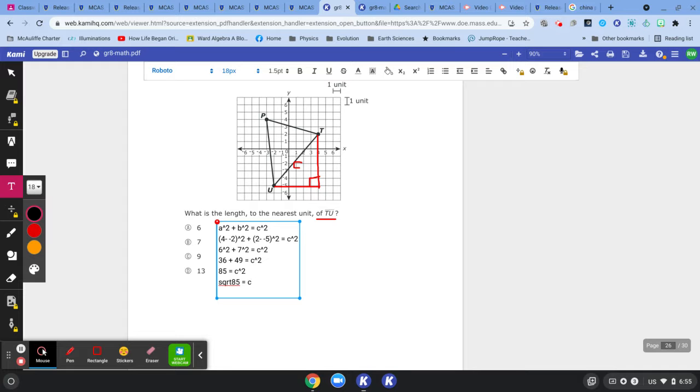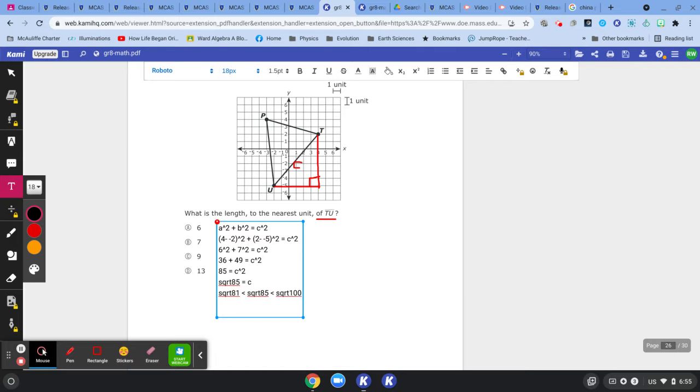All right, so what's the square root of 85? Well, the square root of 85 is between a couple of other square roots that are easy to deal with. It is above the square root of 81. Oh, it did that thing with the point size again. It is above the square root of 81, and it's below the next perfect square root, which is the square root of 100.